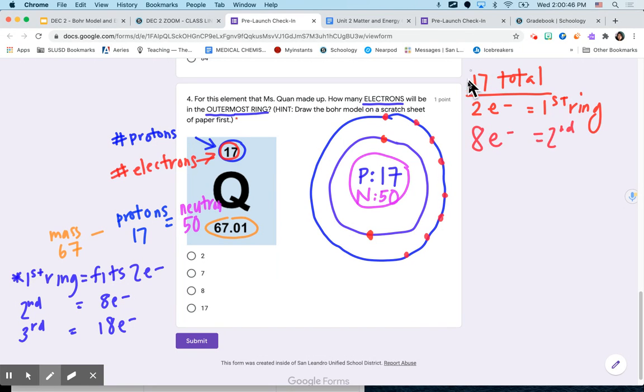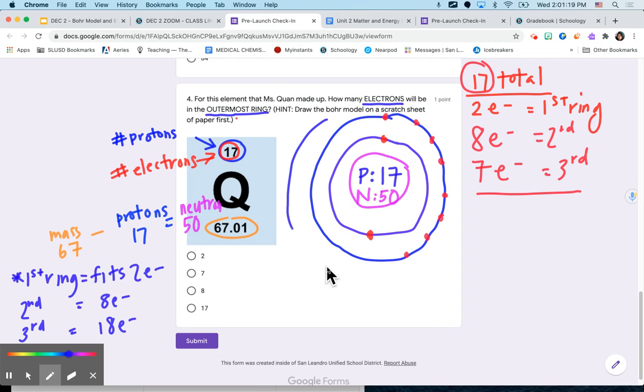But that means there are 7 more that I need to draw, right? So in that third ring, even though it fits 18, I only need to draw 7 electrons in the third ring, right? Because if I add all this up, 2 plus 8 plus 7 will add up to the total of 17 electrons that I need to draw.